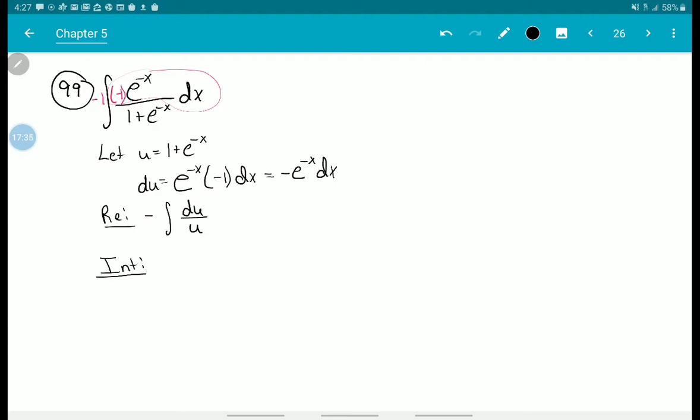When we integrate that, we're going to get negative ln of the absolute value of u plus c. That absolute value is important. And then when we sub back in, we have negative ln of 1 plus e to the negative x plus c.